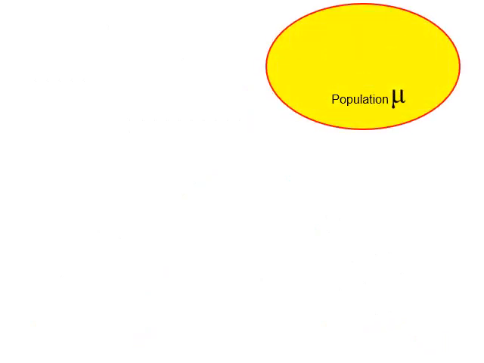So let's walk through what's actually happening with an inferential statistic. With an inferential statistic, we start with a population. And we often refer to the population as mu, which is an actual Latin symbol representing population. So the population is whoever we're wanting to infer to.